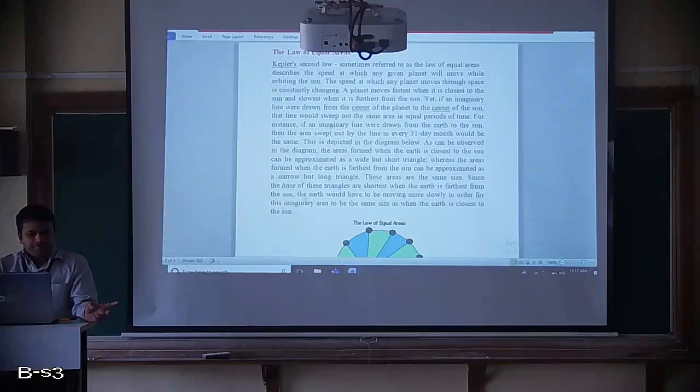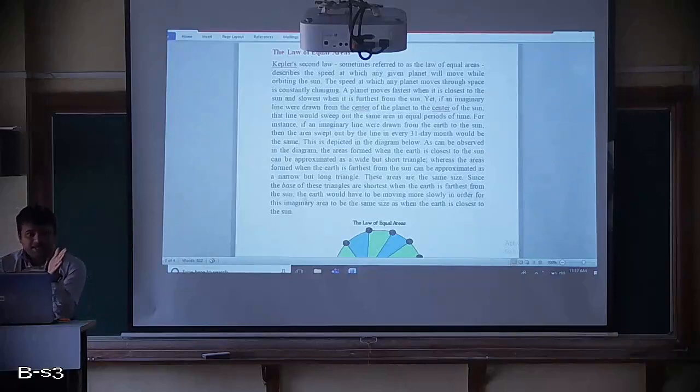Now what will happen whenever these planets are moving around the sun in a particular path? It is creating a certain area as it moves from one point to another point. Let us say for a particular period, like 1 month, 31 days. Initially, on the first day, the planet is in one position.